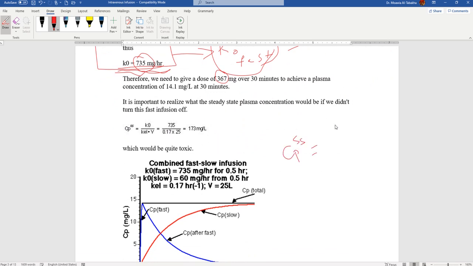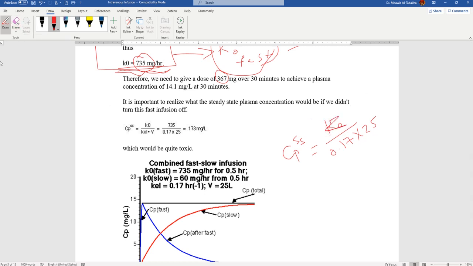Because Sally left the infusion rate at high rate, this will be equal to K0, the fast one, divided by V times KL, or 0.17, multiplied by 25. So what is K0 in this case?